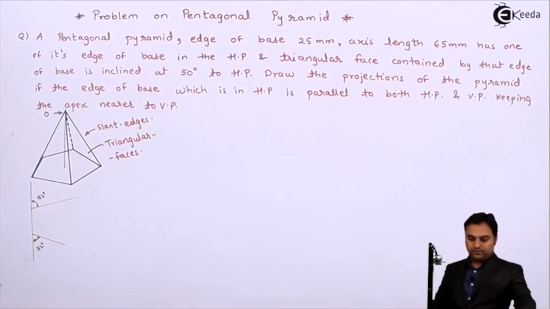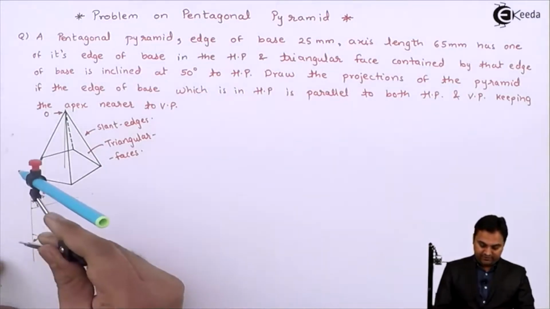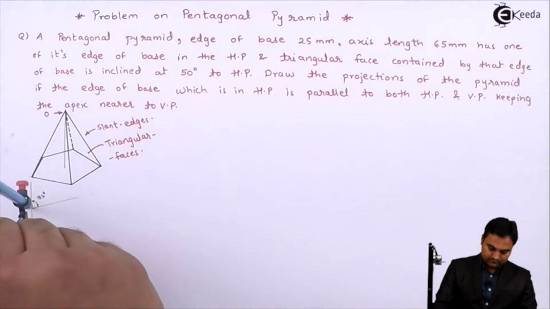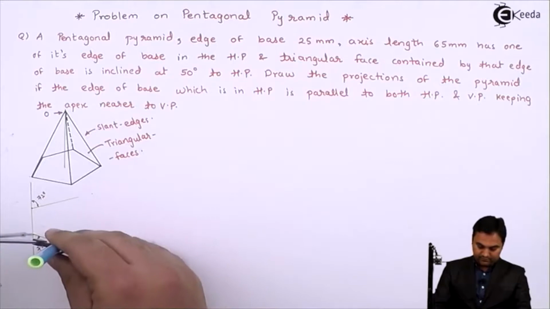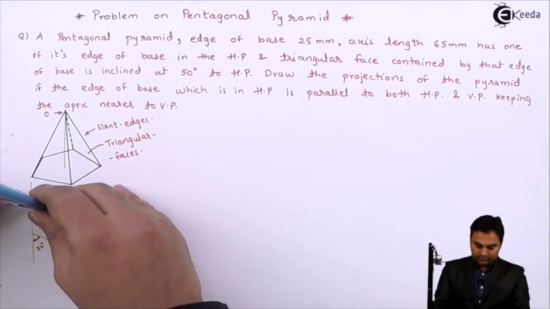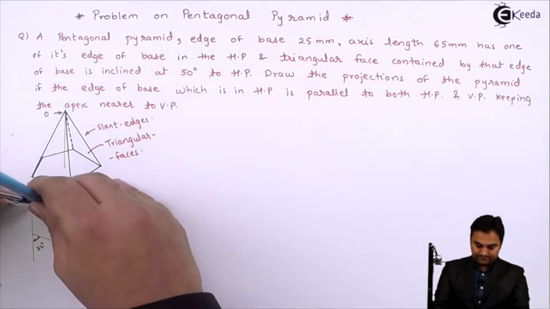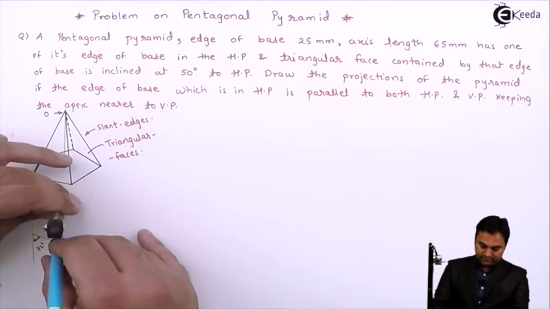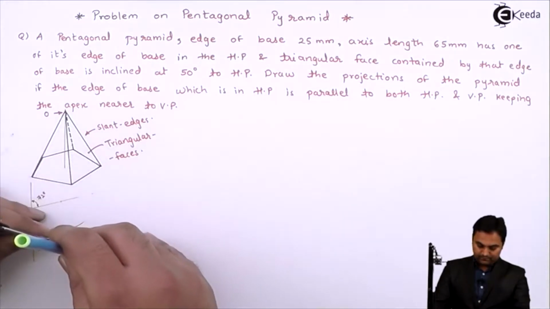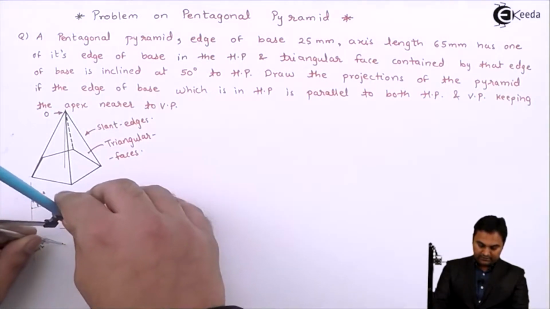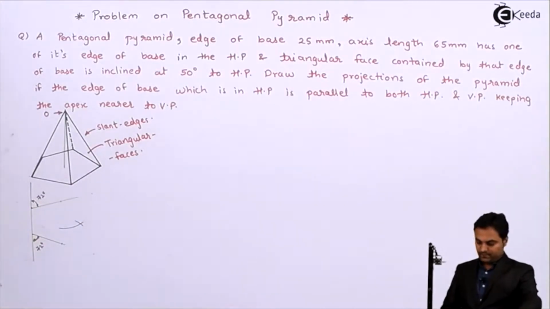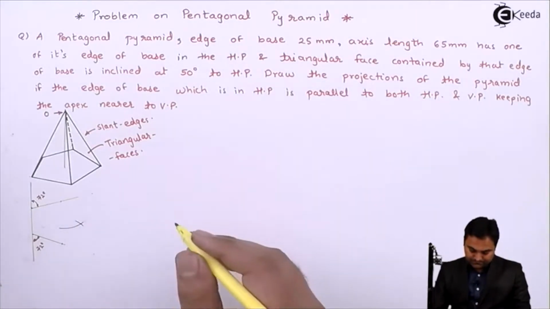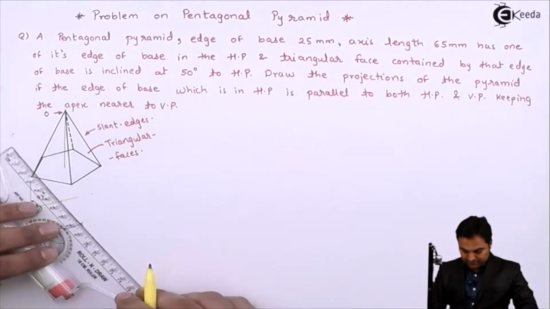Next, that base edge is of 25 mm side given. So measuring 25, marking on one side, also on the other side. Then keeping the same distance, drawing an arc, cutting it. So here I am getting a point, joining it.